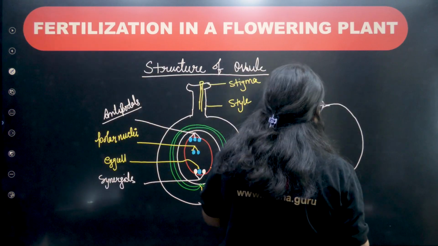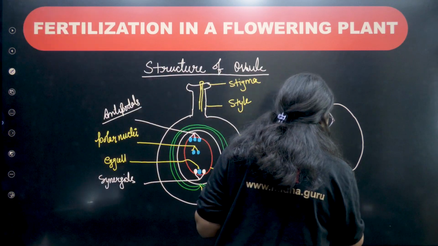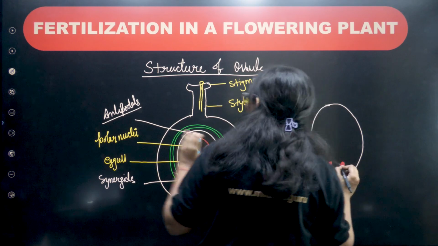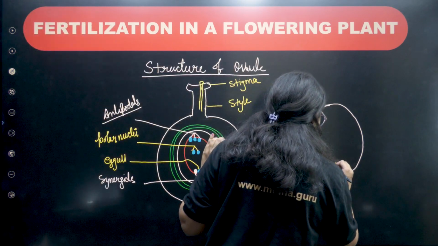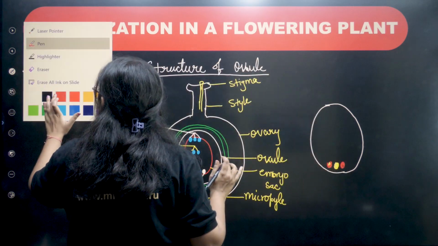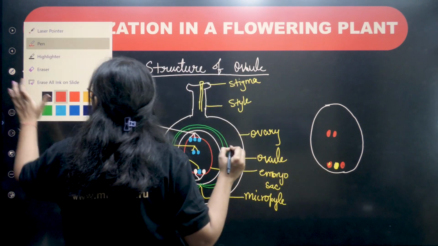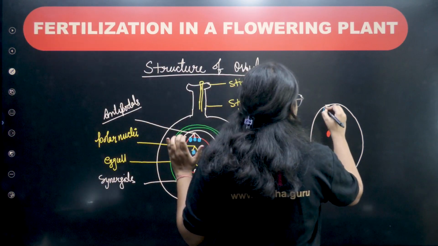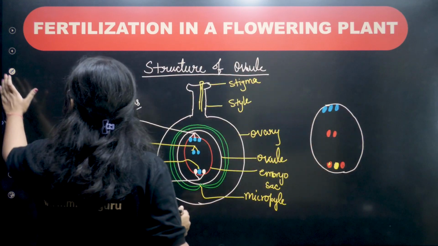So here is our normal cell, where these are the two synergids, and in the middle there is one egg cell, and then here are the two polar nuclei, then the antipodals. I hope this is very clear now, because we have understood it earlier.